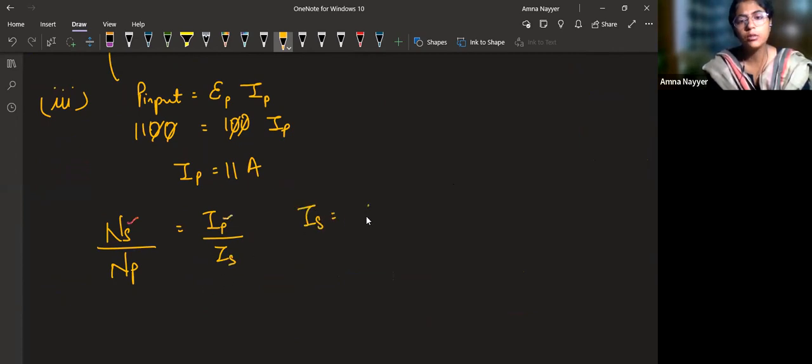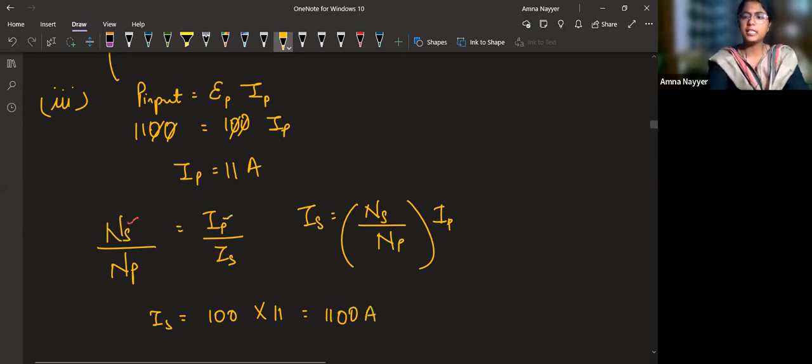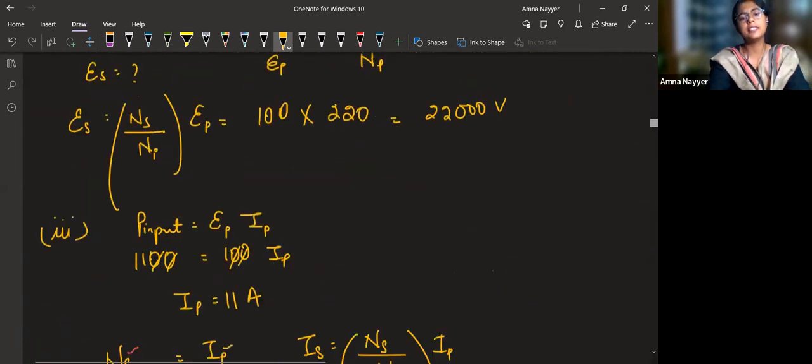IS will be equal to NS by NP into IP. So IS will be 100 into 11, that is 1100 ampere. So IP, IS, any of these you can calculate.